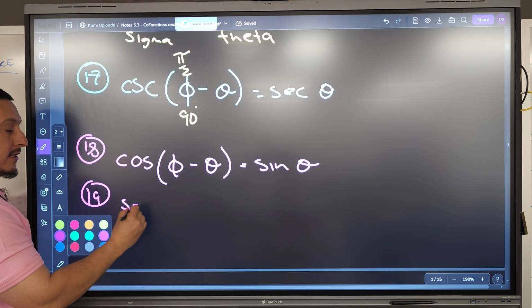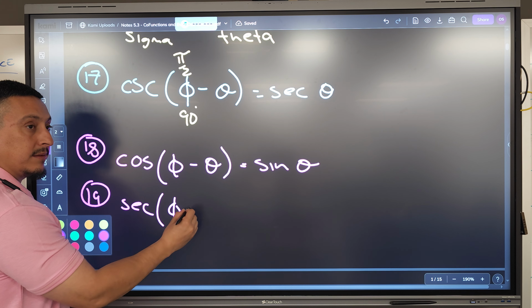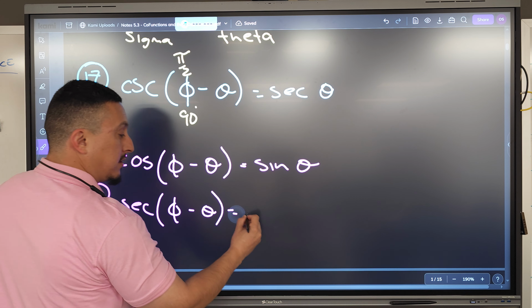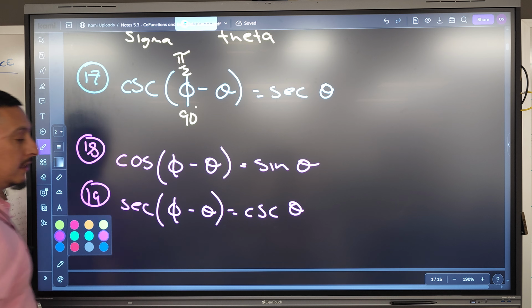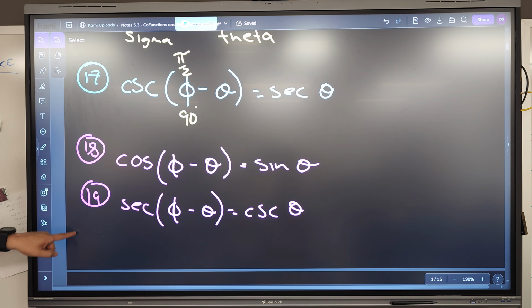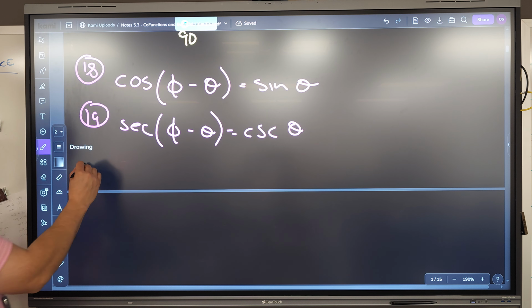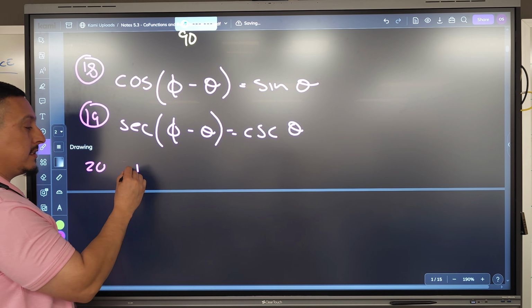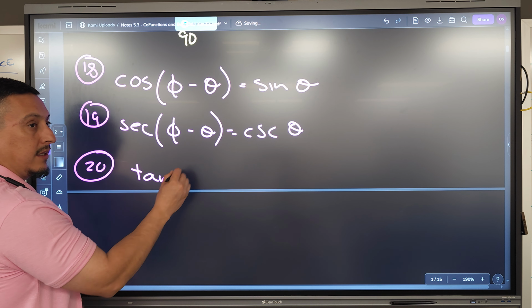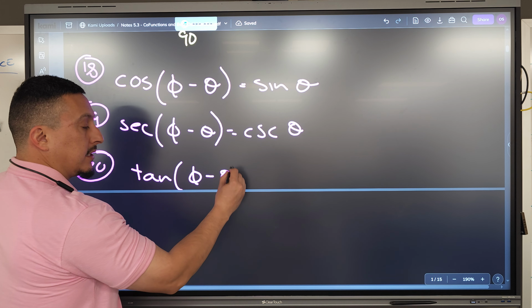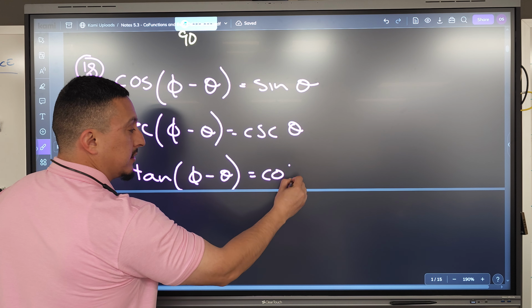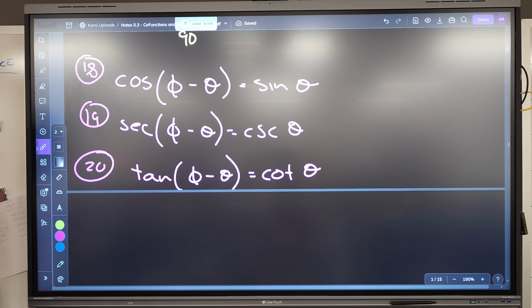19 is secant sigma minus theta equals cosecant theta. And then 20 is tangent sigma minus theta equals cotangent theta.